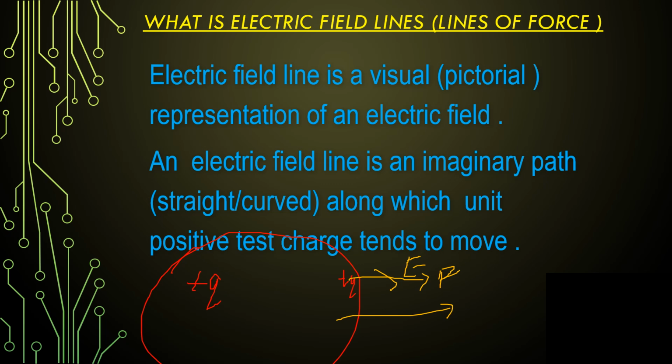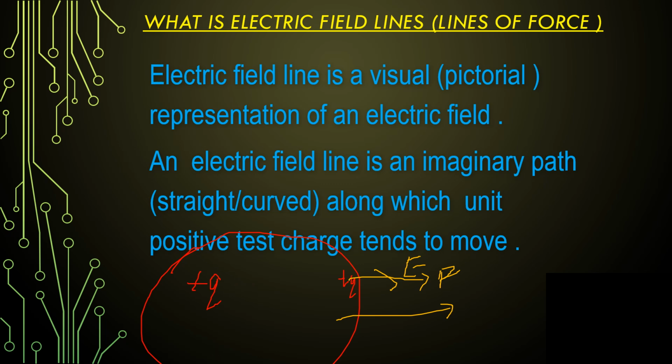That's why this line is called an electric field line, or also a line of force, because it is a line due to force. If the source is negative, the test charge is attracted towards the source charge.